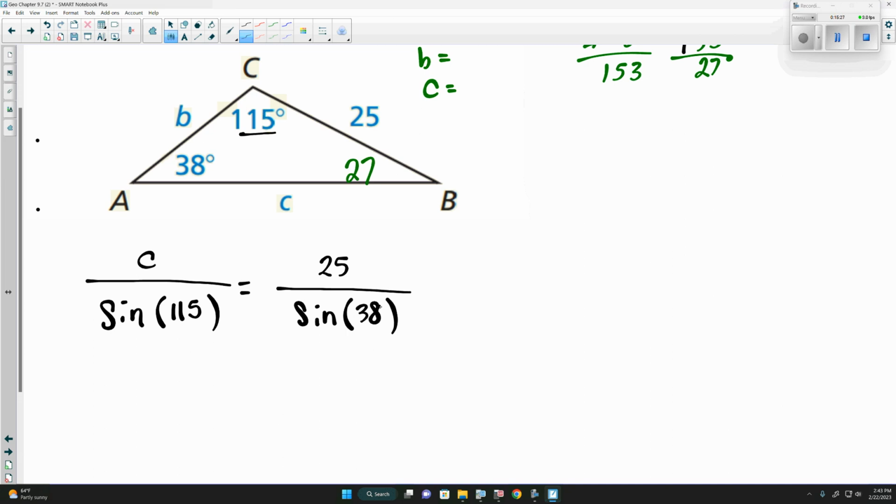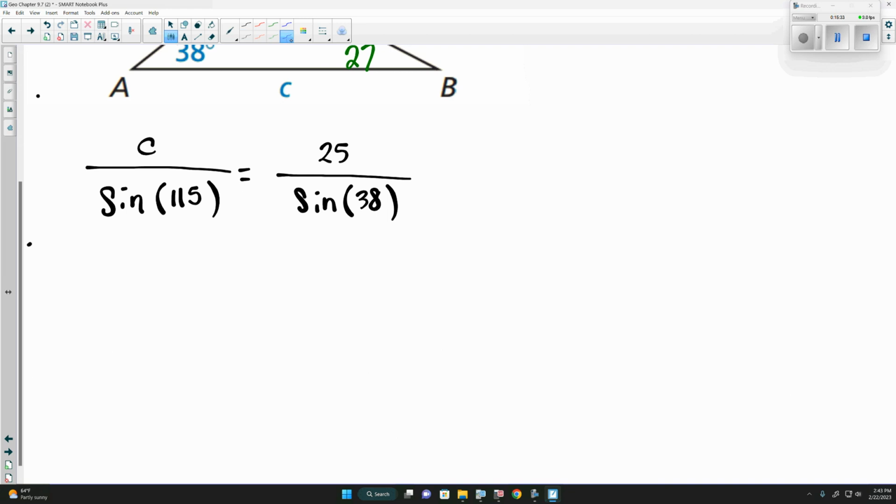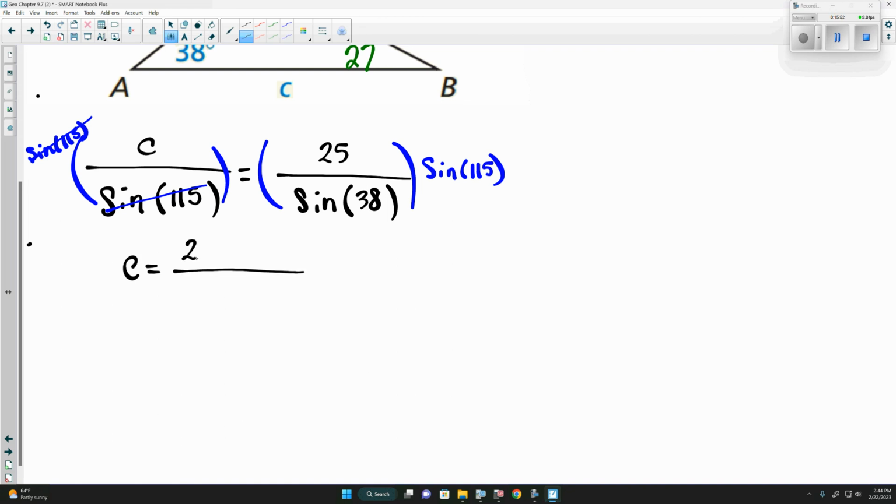Questions on this here? Now to get side length c by itself, we need to do what? Yes. These here will cancel out, telling us c is equal to 25 sine of 115 over sine of 38.